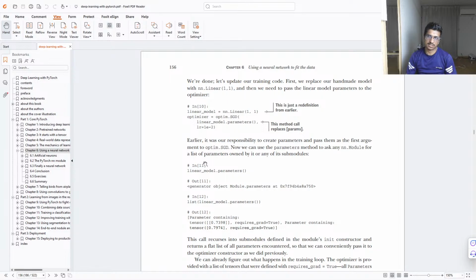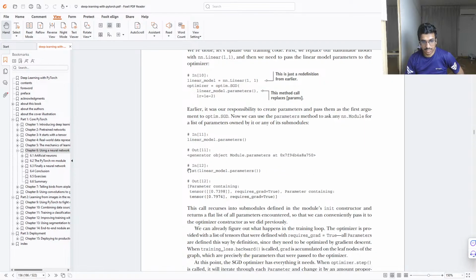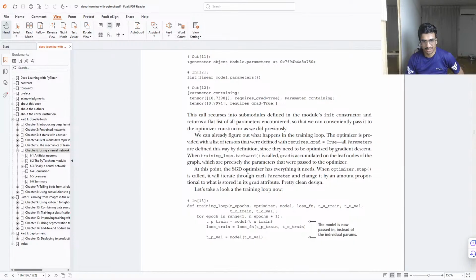We can also see them from the model's state dictionary. Calling linear_model.parameters shows two, and we can list them. This call recurses into submodules defined in the module's init constructor and returns a flat list of all parameters encountered, so that we can conveniently pass it to the optimizer constructor as we did previously.